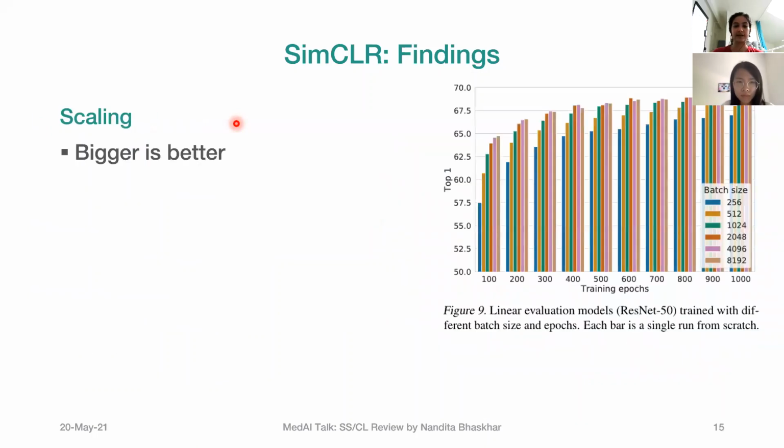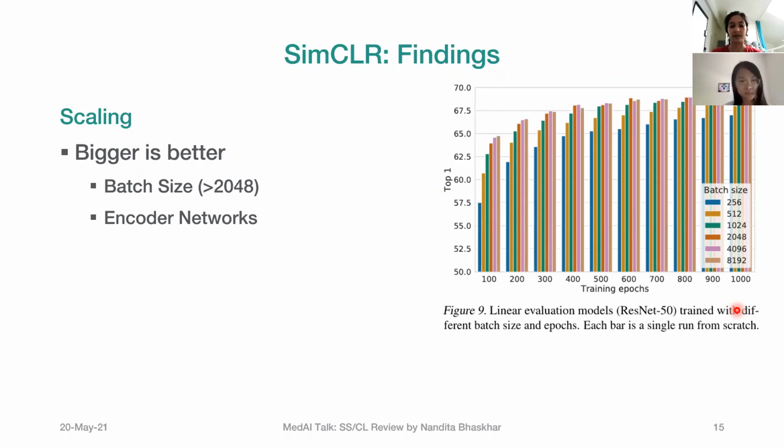Okay, and some of the top findings, one of the key takeaways from the SimCLR paper is that bigger is better for pretty much everything. So if you have a high batch size, it's very good. And in fact, they found that 2048 is pretty much the ideal batch size for their experiments. They also varied the encoder networks.